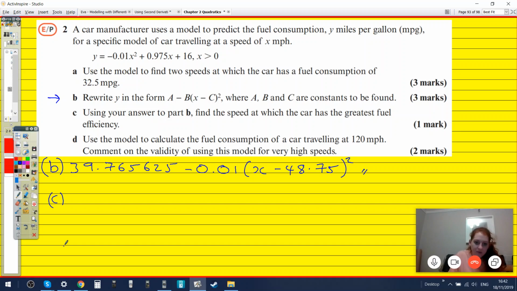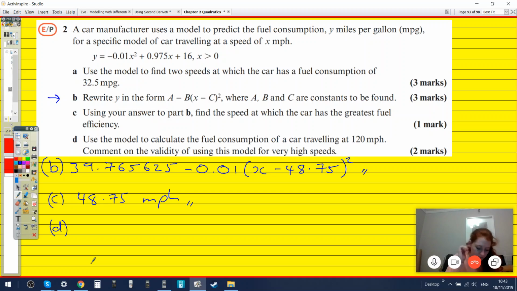Is it the answer from C? And what is that? So it'd be 48.75. Correct. 48.75 miles per hour. And D. Are we inputting 120 where X is?